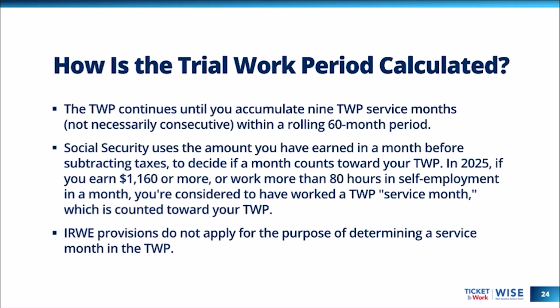Or if you're starting your own business, which is a really big thing right now, you work for 80 hours in self-employment. And that's just a different test because lots of people who start a business are not making a lot of money, but they're working really, really hard to grow that business. And if you're working really hard, Social Security is going to look, if it's more than 80 hours a month, you've used a trial work month.